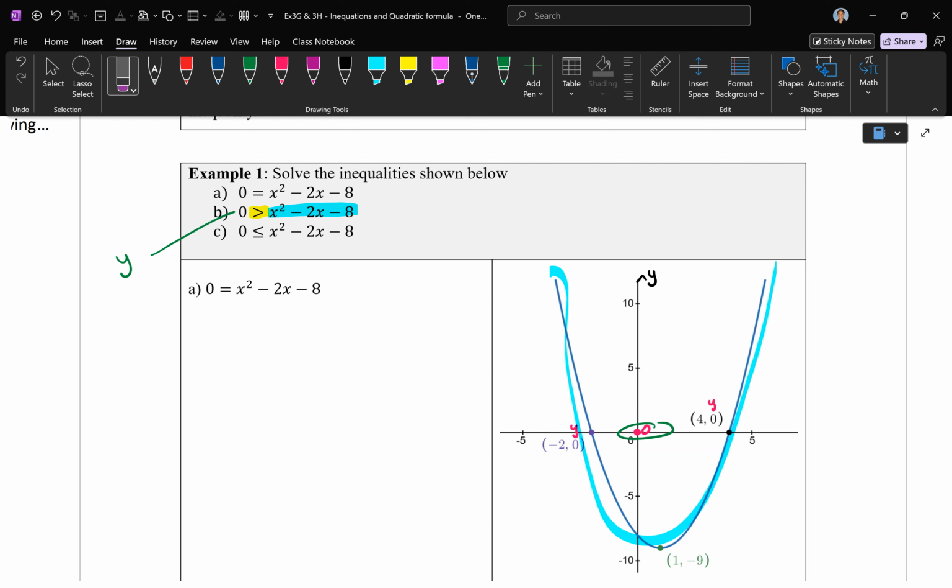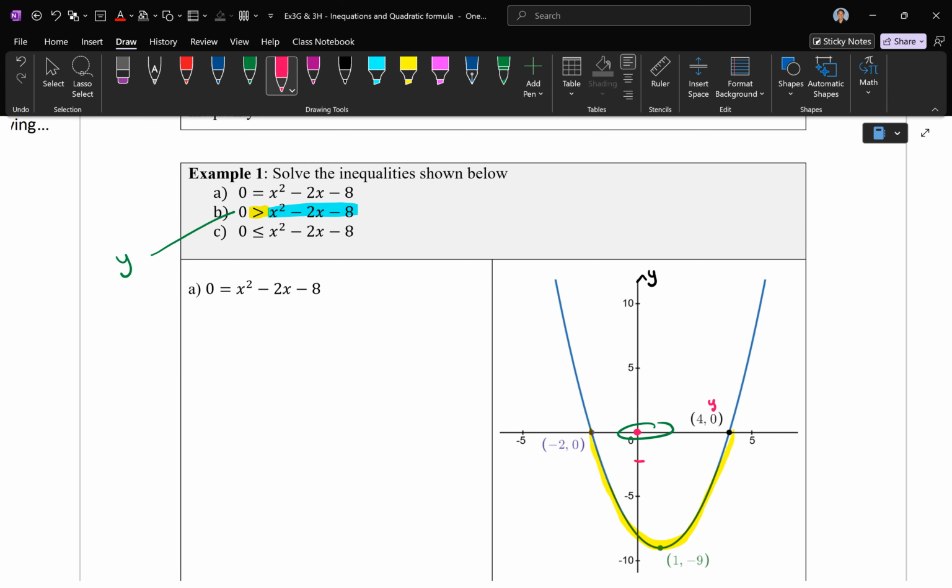Now, when is that graph less than y equals 0? Well, if this is the line y equals 0, the graph is less down here. So I'm going to highlight it. This is when it's less than 0.